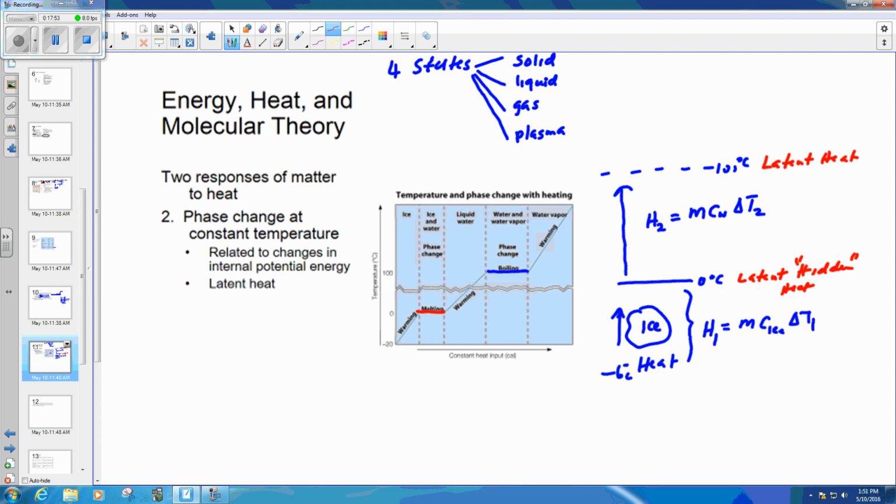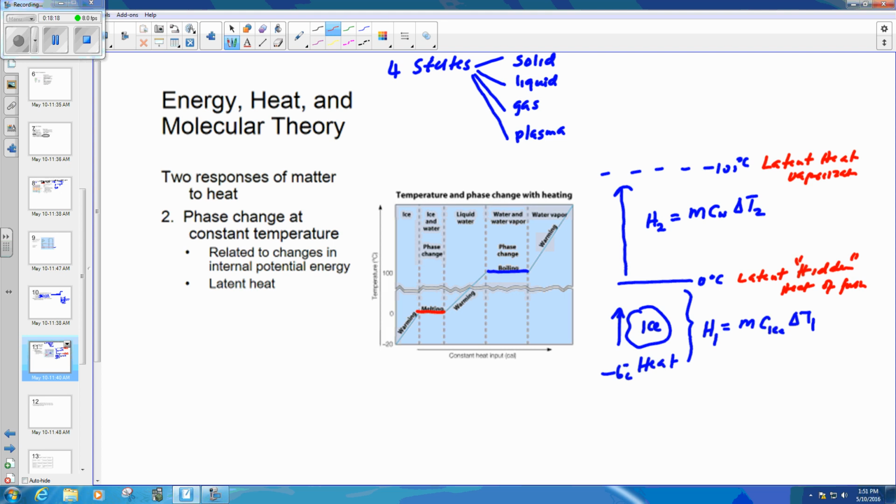The area at 0 degrees is called the latent heat of fusion. Note again, the heat is hidden because it's going into changing the phase, and since it's changing the water molecule to the vapor molecule, it's not reflected in the rise in the thermometer.